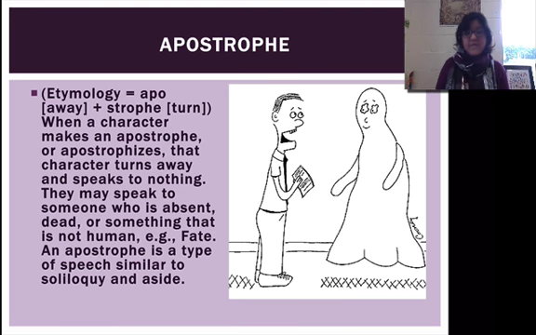So, for instance, Romeo says, I am fortune's fool, right? He's kind of speaking out loud to some higher being that controls the fate of the world. So an apostrophe is similar to a soliloquy and similar to an aside, but has a little bit of a nuance difference.